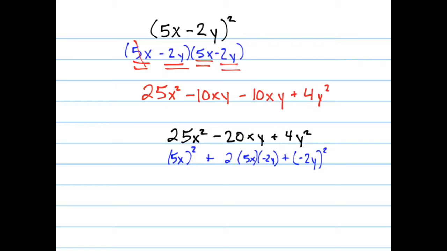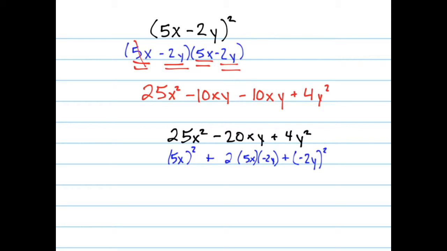And so 5x times negative 2y makes negative 10xy, times 2 gives us negative 20xy. So again, kind of a special pattern. The only difference is we got a different sign right there than we did when we had plus. Everybody good with that?